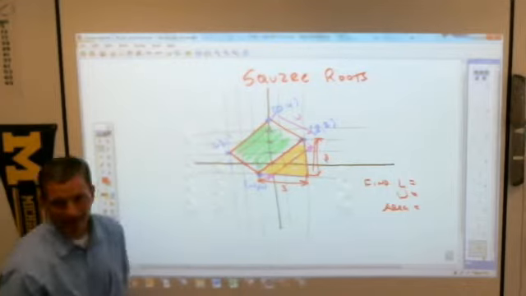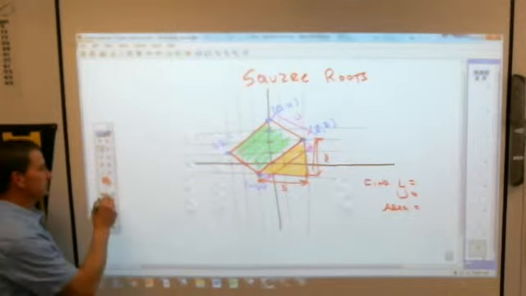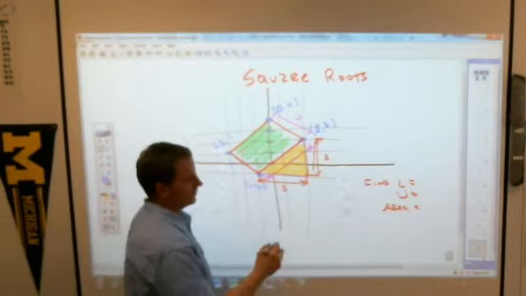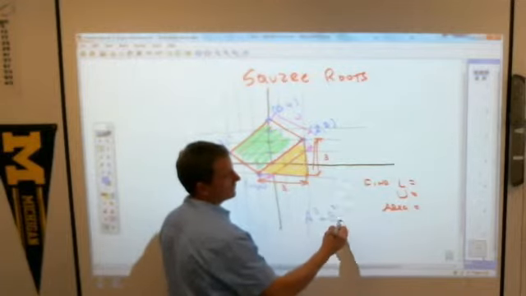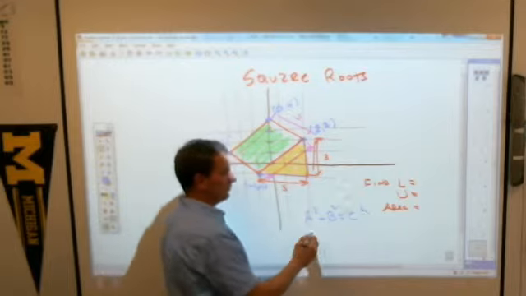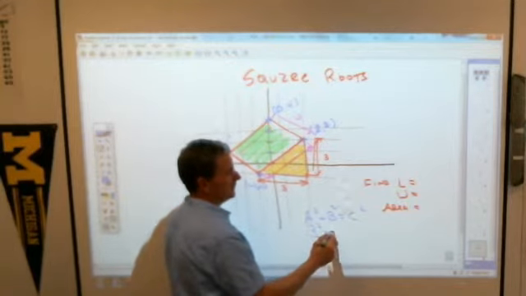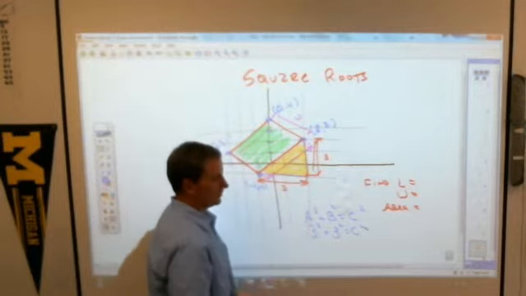How can I find out the hypotenuse of a triangle that has 2 legs that are 3 and 3? One more time, Madison. The Pythagorean theorem says a squared plus b squared equals c squared. What is my a? 3. What is my b? 3. They're both the same height.